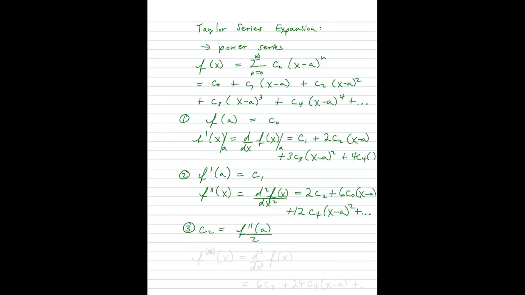And then we're going to go ahead and take the third derivative. And we can go ahead and isolate the coefficient c3 and find that it's equal to the third derivative of f evaluated at a over 6.